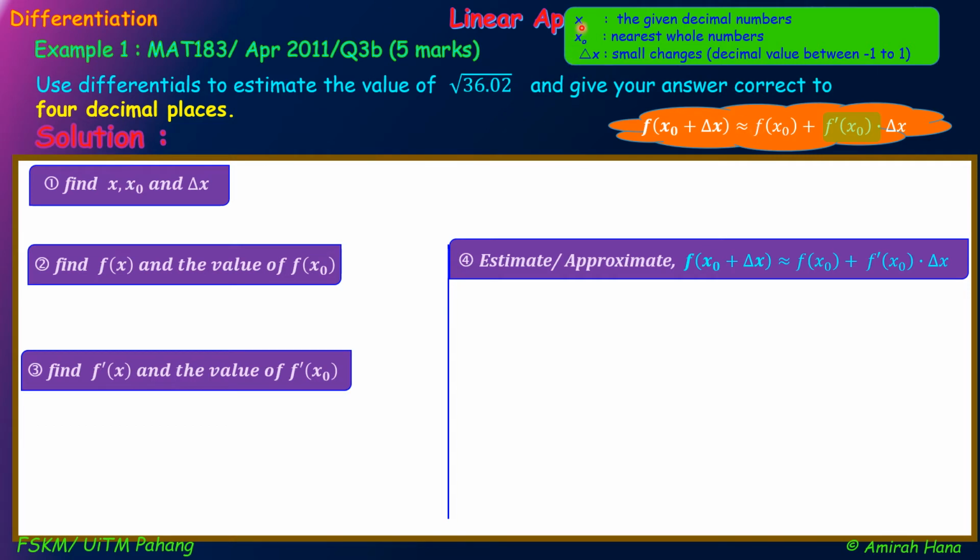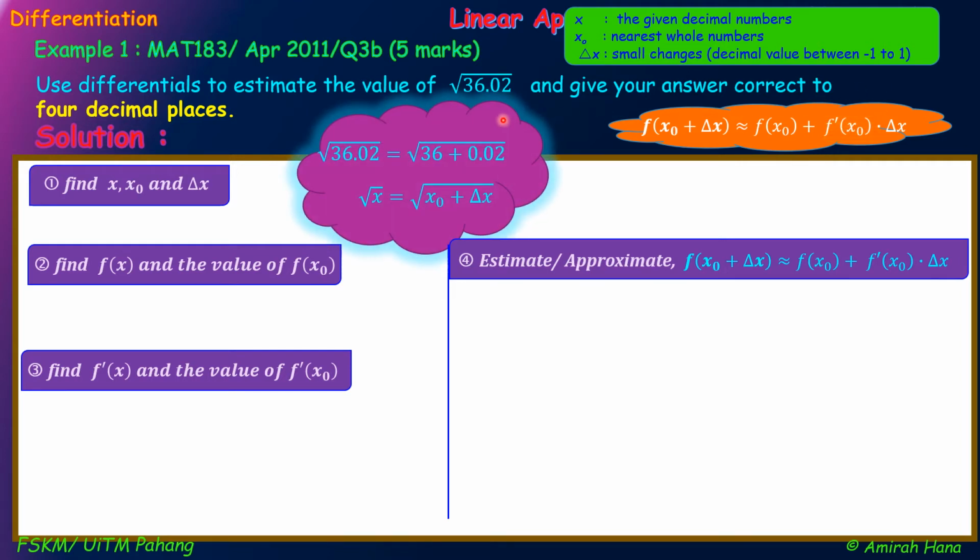What is x? Recall that x is the given decimal number. X naught is the nearest whole number. And delta x is a small change in decimal value between -1 and 1. From the given question, the square root of 36.02, we can split it into the nearest whole number plus a small change.